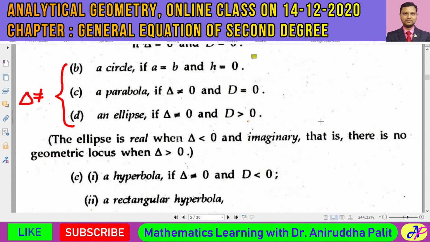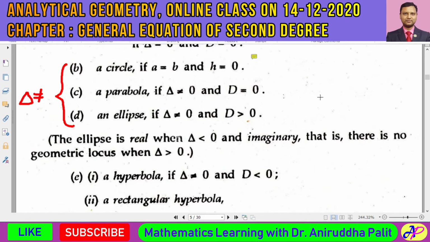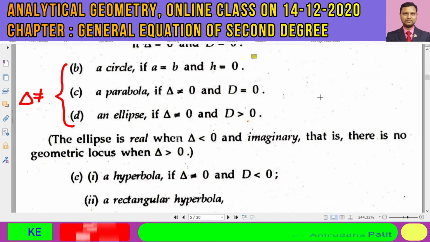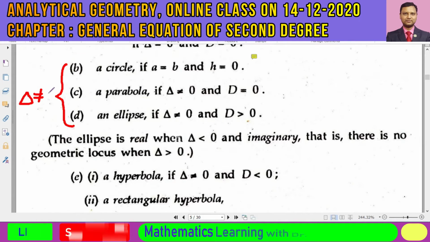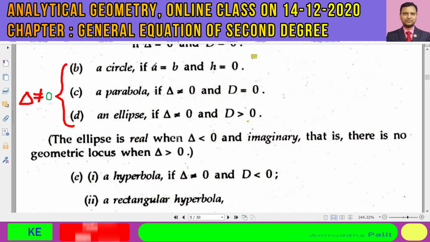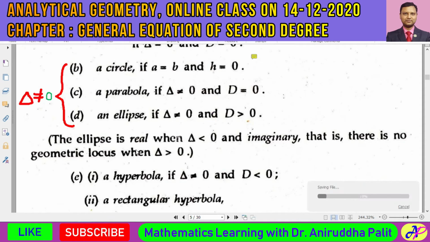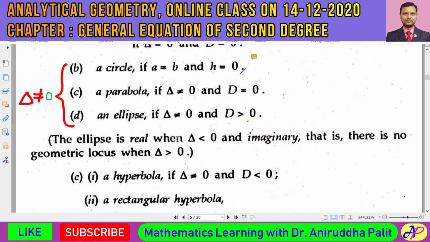Next, I discussed these three results. For the general equation of second degree, that means when delta is not equal to 0, if a is equal to b and h is equal to 0, then it represents a circle.